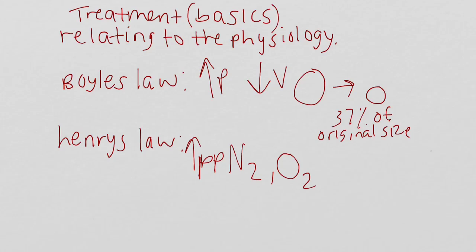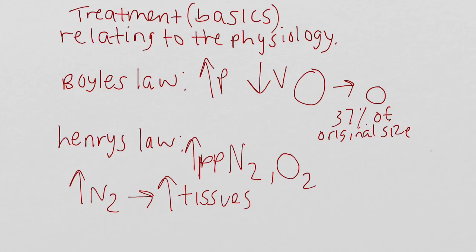I now have a higher partial pressure of that, and that means, according to Henry's law, I'm going to have more diffusion of nitrogen into the tissues. And we don't want that. Our problem in the first place was absorption of nitrogen into the tissues, and we're trying to eliminate that.